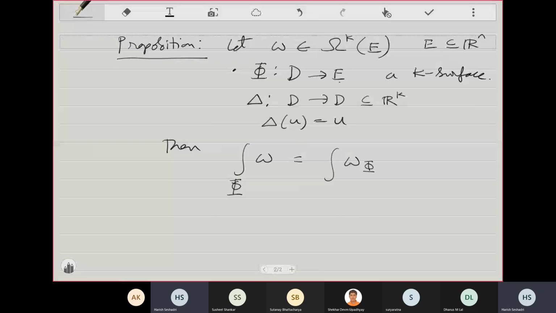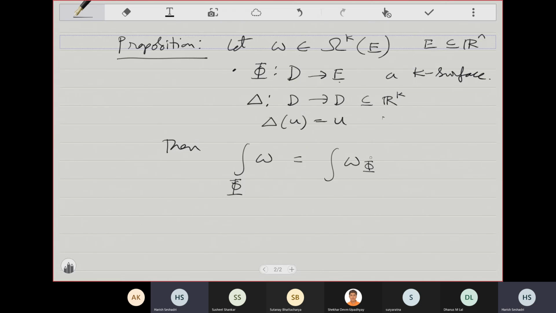So what do I integrate it on? Well, the way we have set up things, if you have a differential form, we don't say that we integrate it on some set, but rather we integrate it on a K surface. So just to take care of that technicality, in reality, what I'm doing is I'm just integrating omega phi on D itself.